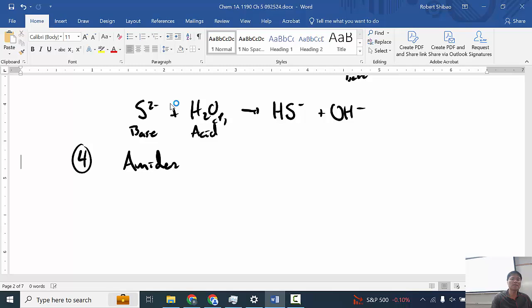And in a Bronsted acid-base reaction, the base is a proton acceptor. So if you take S2 minus plus an H plus, we form HS minus. And the acid is a proton donor. So if H2O loses an H plus, we're going to be left over with an OH minus. And so that's how we know what forms.